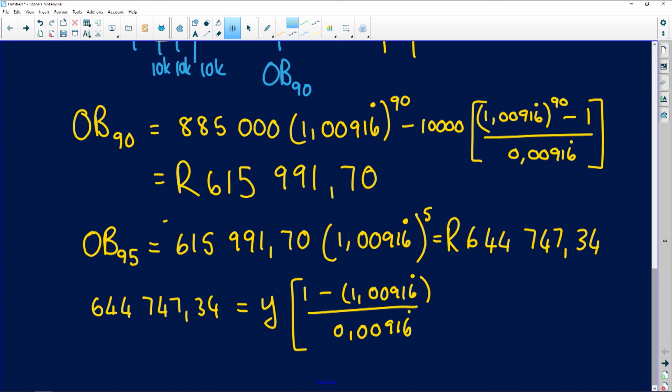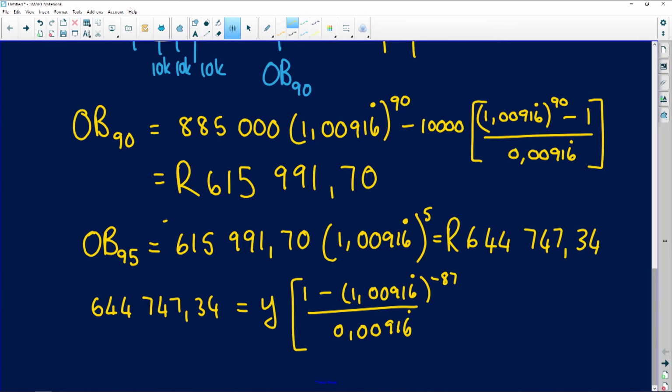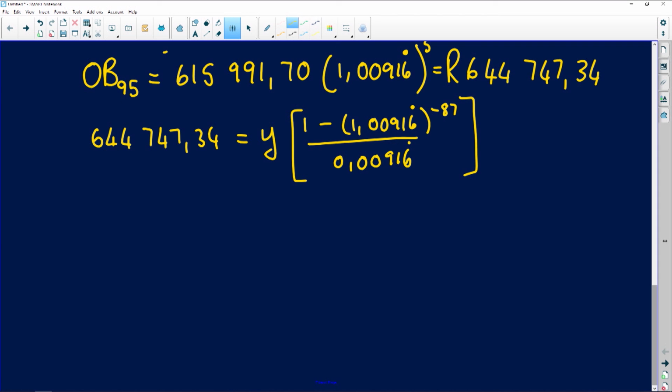Now my power for my bracket from 95 to the end of this period, which is 182 periods, is 87 periods left. So this has to happen in a total of 87 periods he now has.